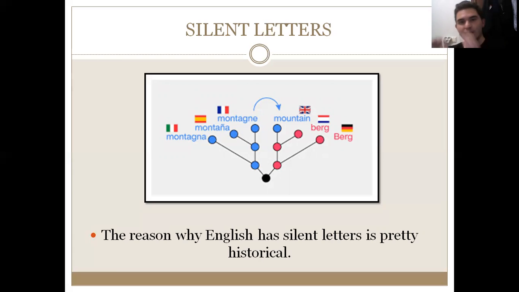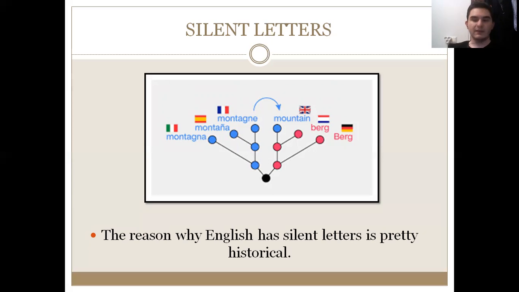For example, the word blood was pronounced differently before, and now it's pronounced blood. They're still written the same. Before the 17th century it was written blood, and after the Great Vowel Shift it's still written as blood.